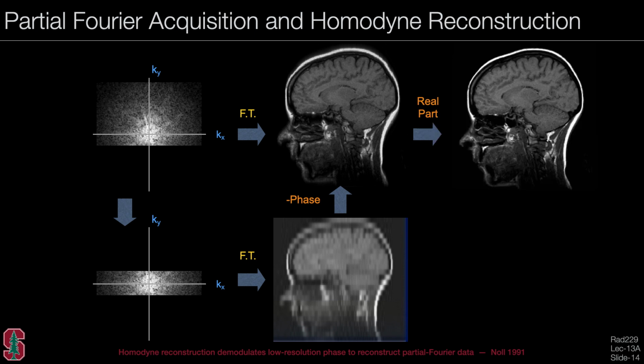And then we can take the real part, and you notice that the image actually gets sharper because we've suppressed the imaginary component of that point spread function by taking the real part. So this is the basis for the Homodyne reconstruction. It works generally fairly well. It doesn't work perfectly, and it has some assumptions, but at this point, the point spread function analysis should help you understand why this has some chance of working.